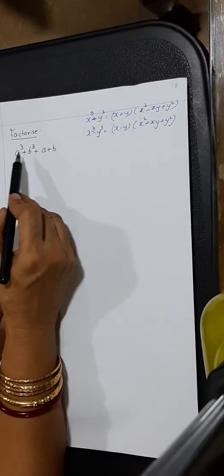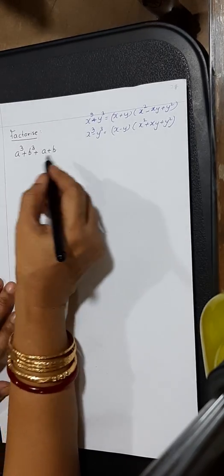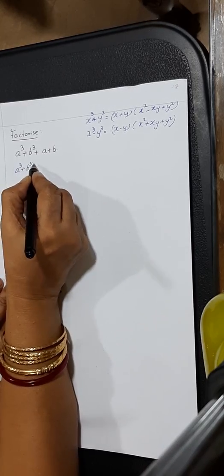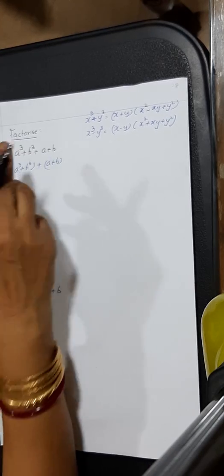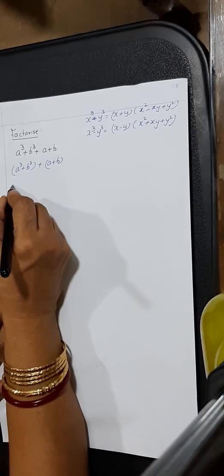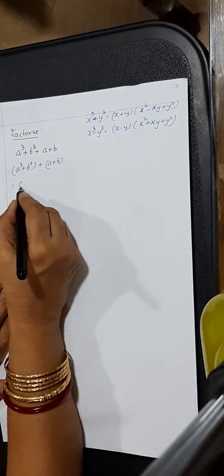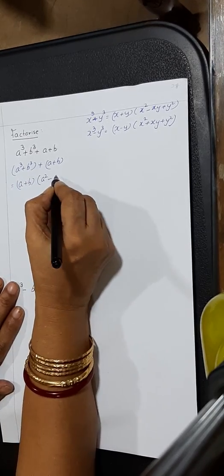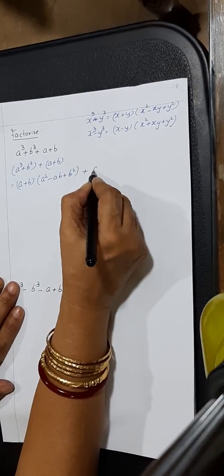So it is a cube plus b cube plus a plus b. We will write this as a cube plus b cube plus a plus b as one term. Now first we will factorize a cube plus b cube. So this is equal to a plus b into a squared minus ab plus b squared, then plus a plus b.